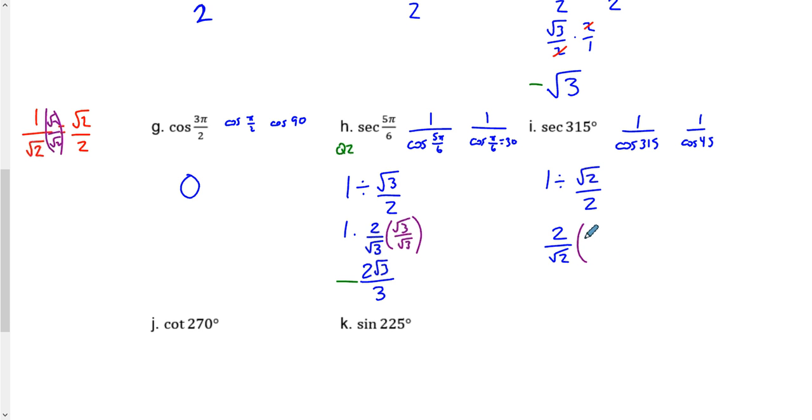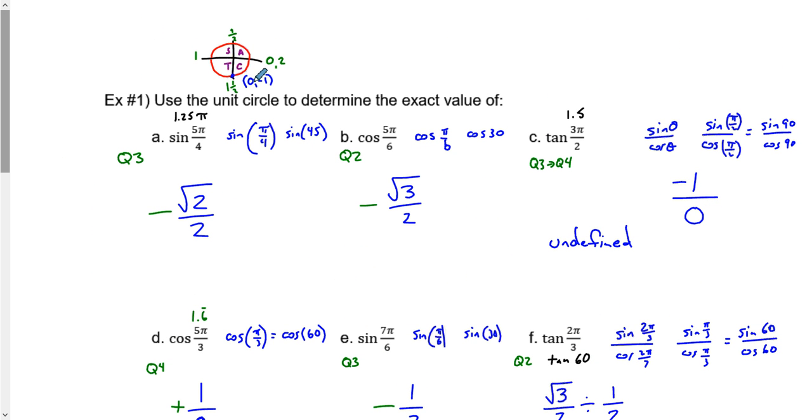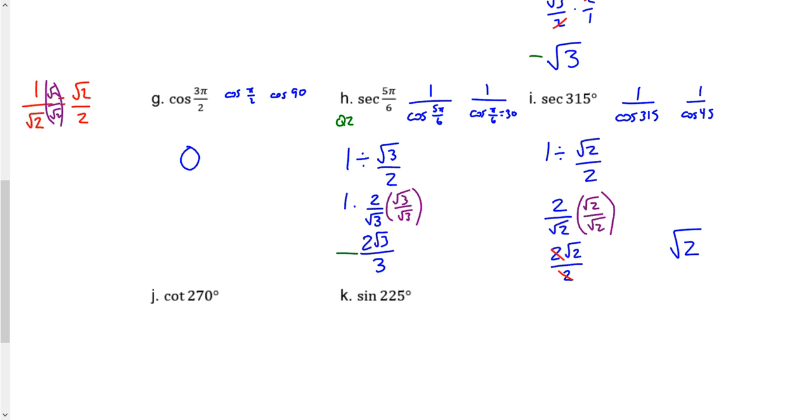And then we rationalize. Multiply top and bottom by the square root of 2. We get 2 root 2 over 2. The 2's even cancel off. We get an answer of root 2, and 315 is in quadrant 4. Quadrant 4, cosine is the only thing positive, and since secant is the reciprocal of cosine, secant is also positive in quadrant 4.